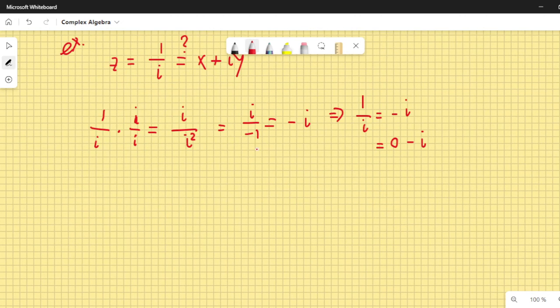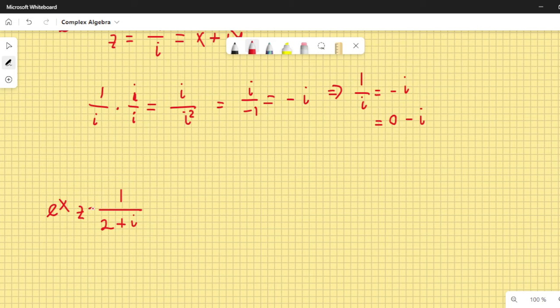Another useful example could be 1 over 2 plus i. Let's say this is our complex number.